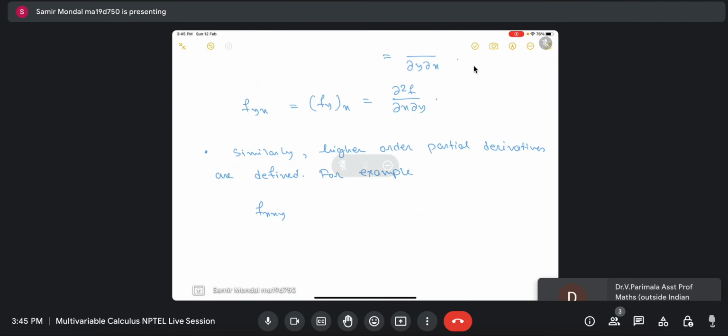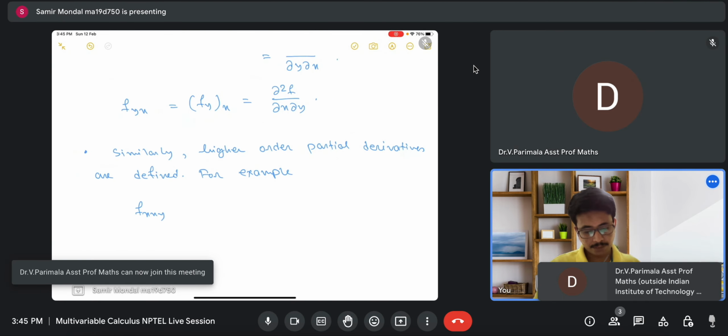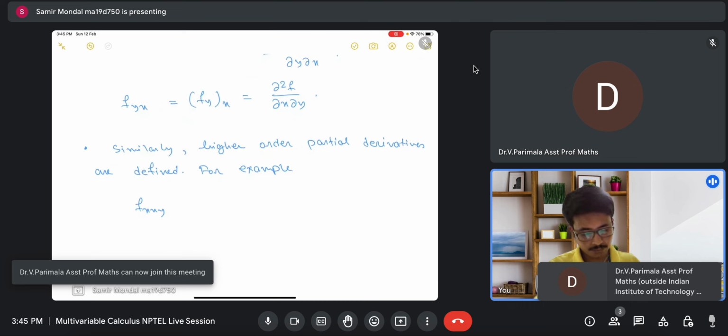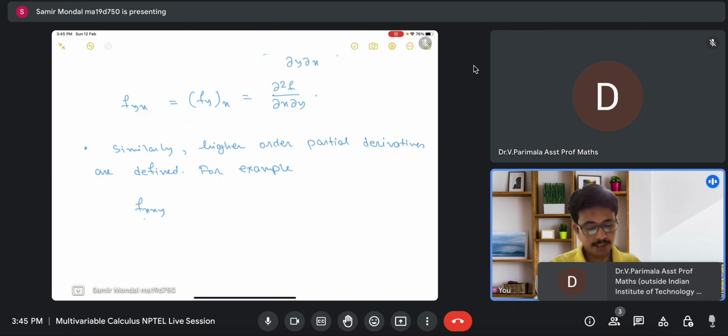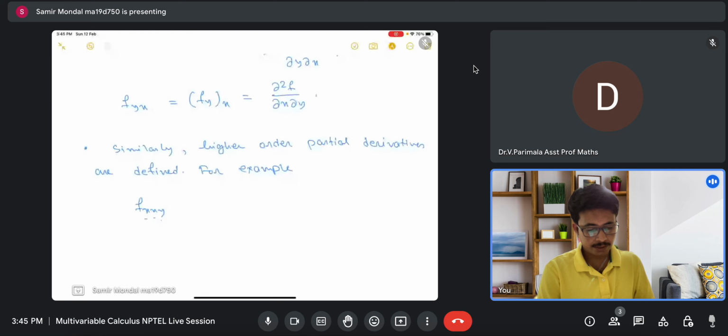At first we will do the partial derivative with respect to x, then again with respect to x, then we will do the partial derivative with respect to y. This means del del y, del x, del x.